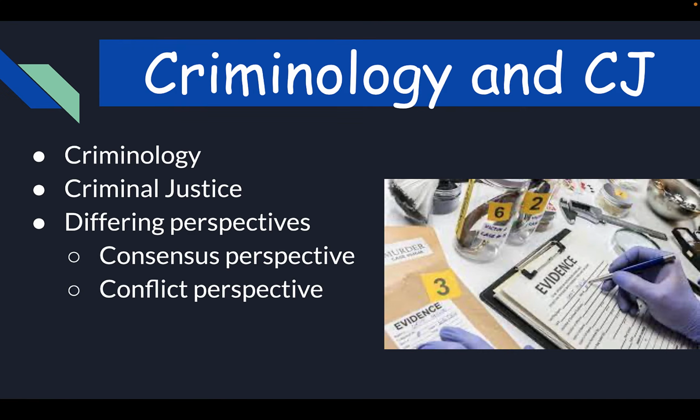But in a nutshell, they're basically there to apprehend, prosecute, convict, and sentence people who violate basic laws that govern group existence, right? So how in a society can we function appropriately? Well, part of that mechanism can often be making sure people adhere to a code of conduct, right?